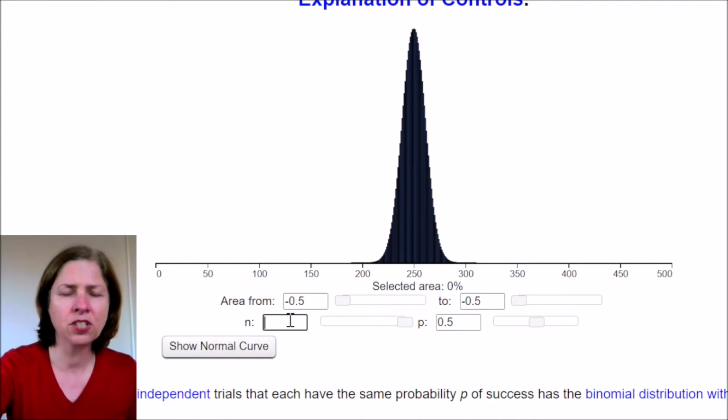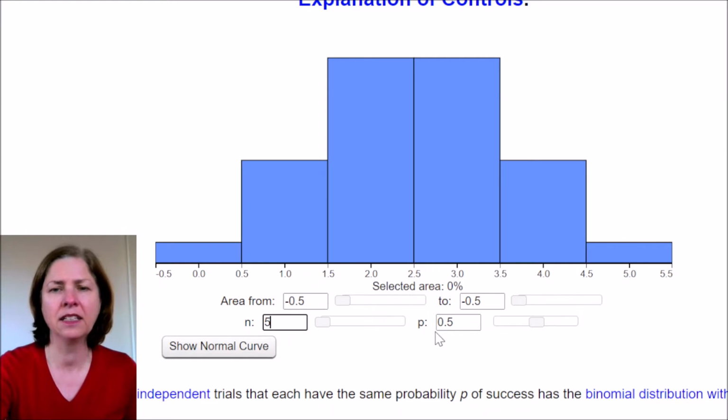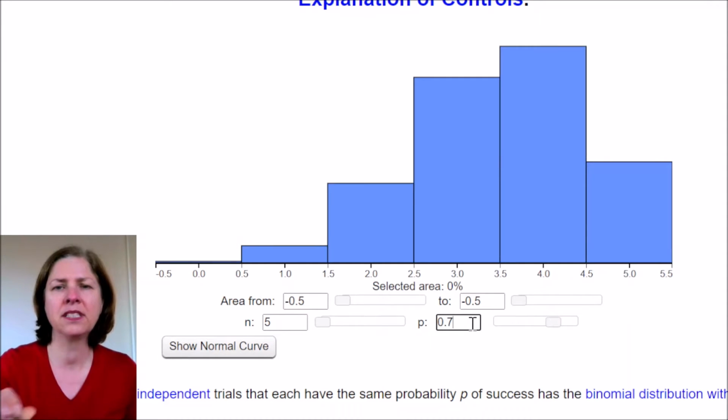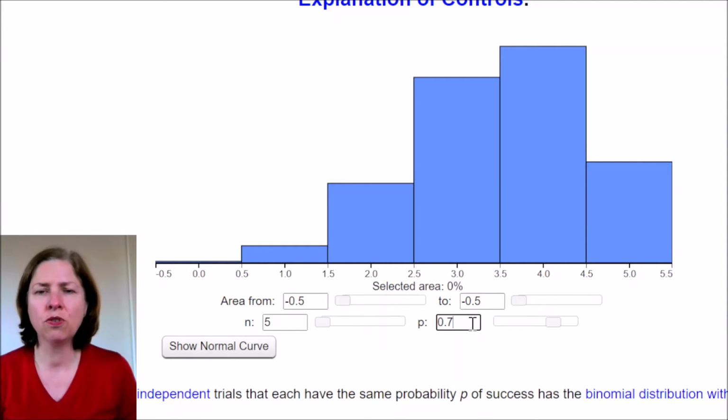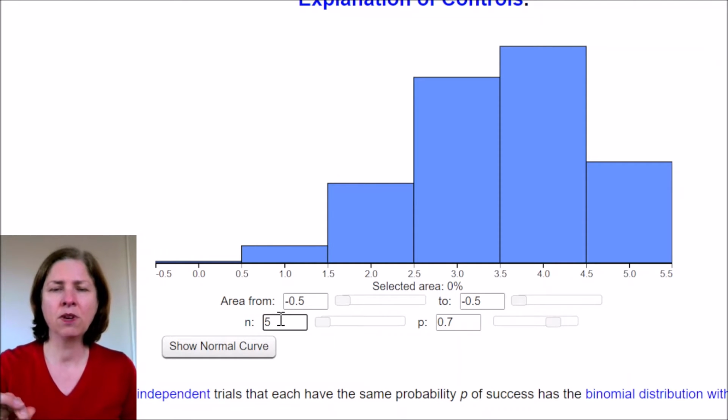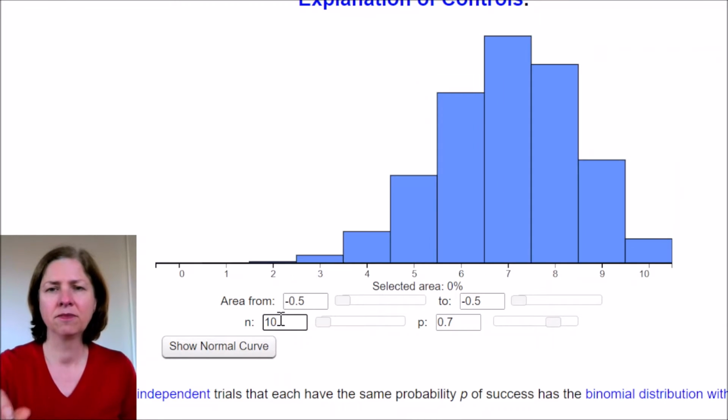Okay, I'm going to go back to having n is 5 again, and I'm going to skew my graph again, and let's have a look what happens there. Let's make p 0.7. It's definitely skewed. I can see that my peak is at 4 still, rather than somewhere in the middle, which would be at 2 or 3 or 2.5. So let's see what happens when I increase n. Now I'm going to increase n to 10.